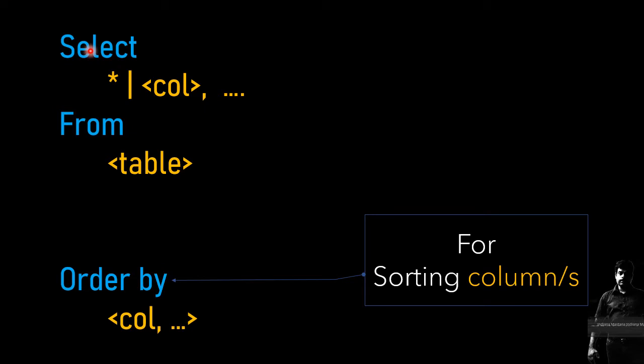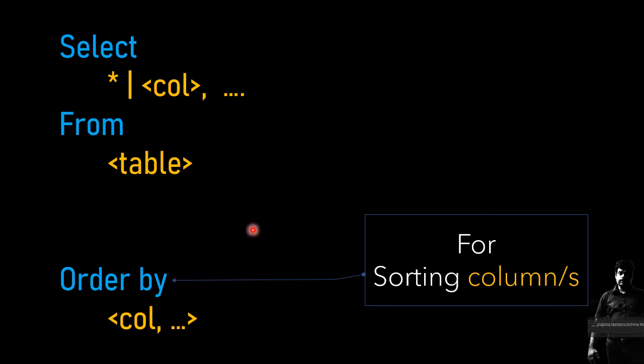So, we already know how to use the select statement for fetching records from a table. You have to give select star from the table, or the column names that you expect from a particular table, to fetch the records. We also learned the order by clause, how to sort the column or columns we need.